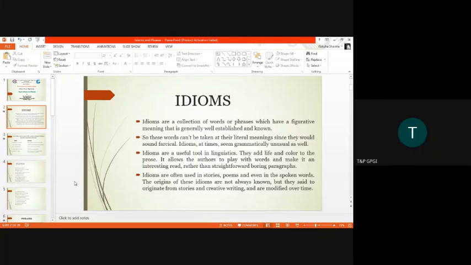Idioms are often used in stories, poems, and even in spoken words.